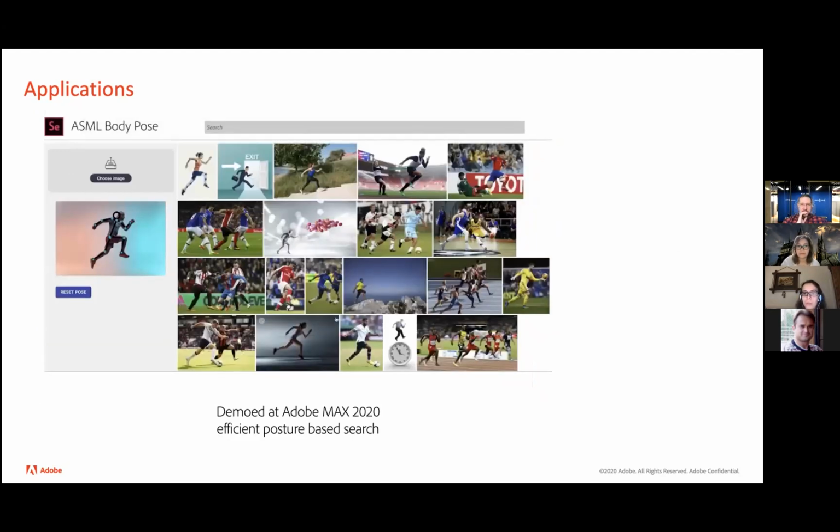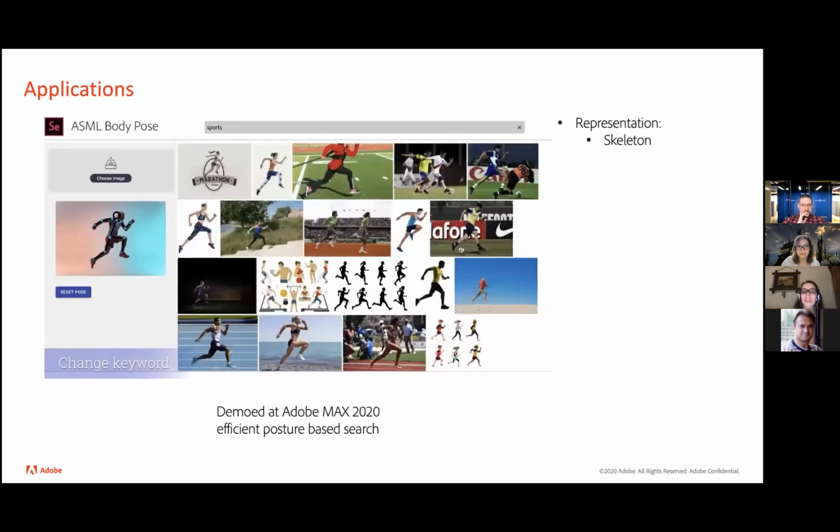So similar to the previous application, skeleton is our representation. And this is a single image case. So we replace the motion priors with pose priors. So we make use of the space of plausible human poses, basically to complete the missing information that is very common in just single image cases.